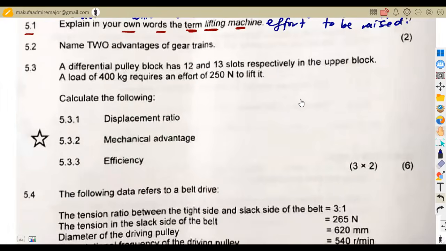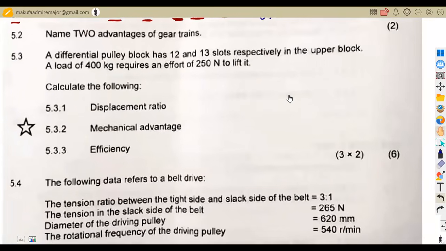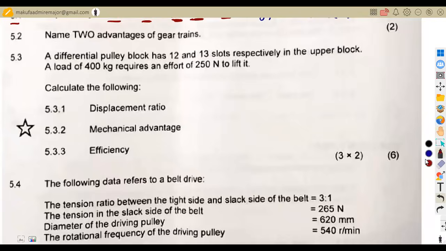Then we are asked on 5.2, 2 advantages of gear trains. So gear trains, we remember they've got high efficiency. So here we can talk of things like high efficiency. We can talk of the accuracy part, the large transmission ratio.